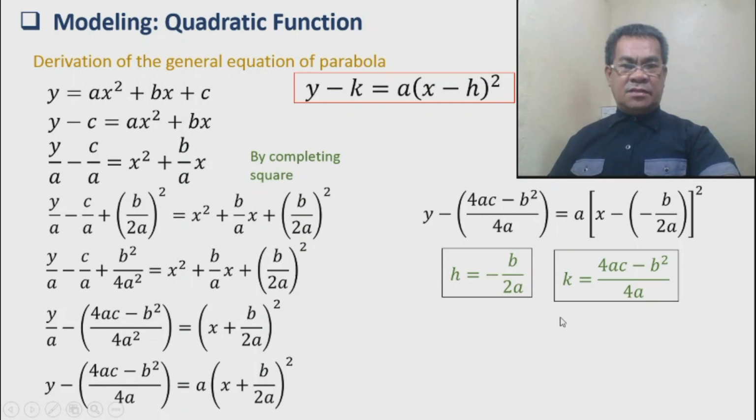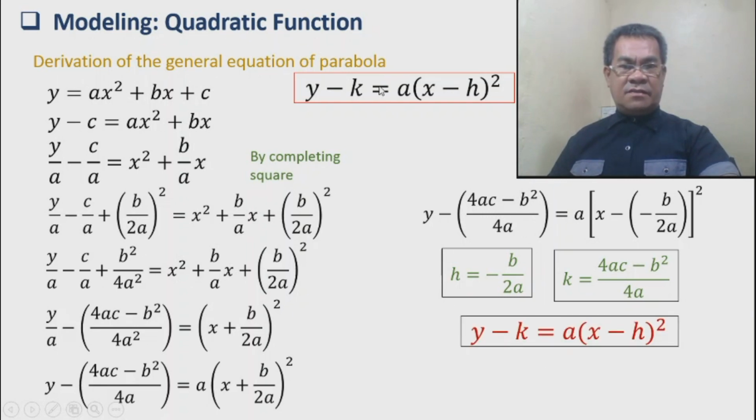So if you do it, then you are deriving this equation. So therefore, we can say, in the general equation of a parabola, y minus k is equal to a times the quantity x minus h, squared, where h must be negative b over 2a. So we have the formula to obtain h, and we have this value of k.